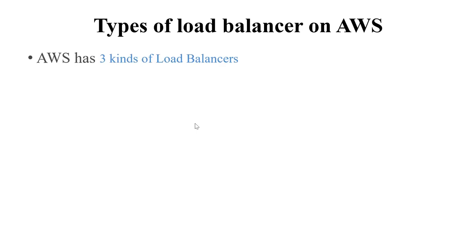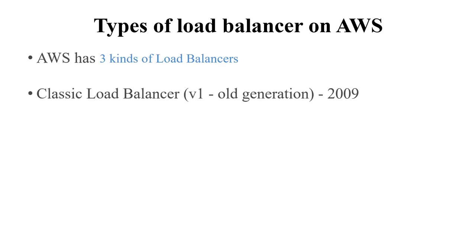Yeah, so AWS has 3 kinds of load balancers. That is the classic load balancer, which they launched in 2009, a very old generation, version 1. No one is really using that. Some use cases we can use it for, but it is not recommended.